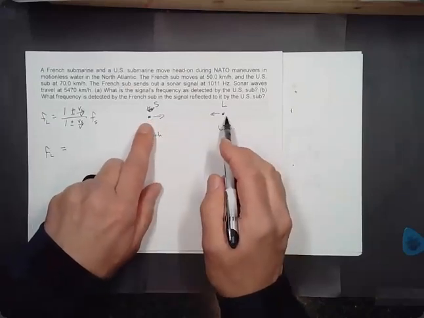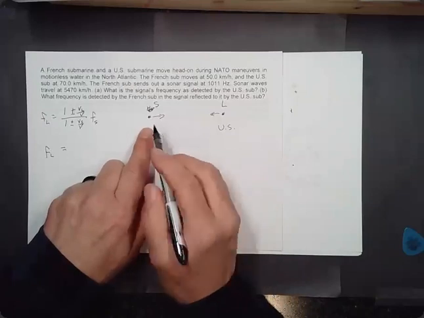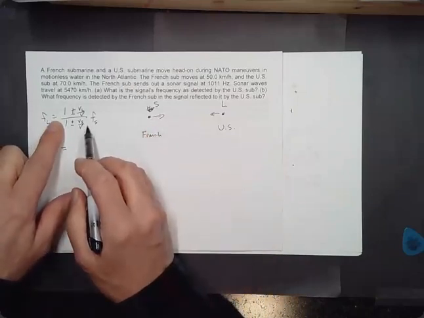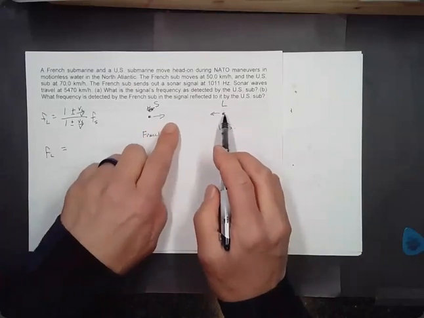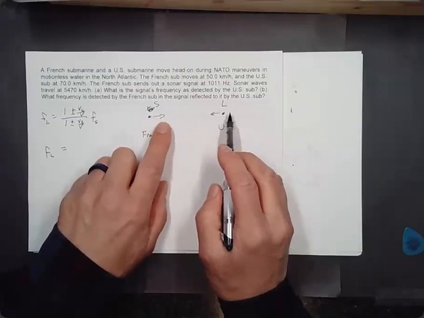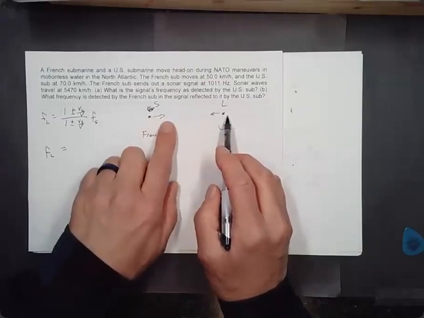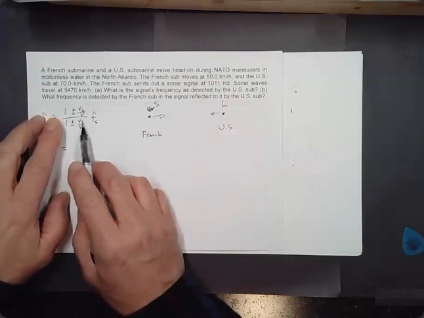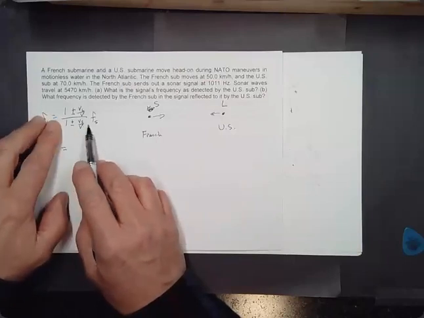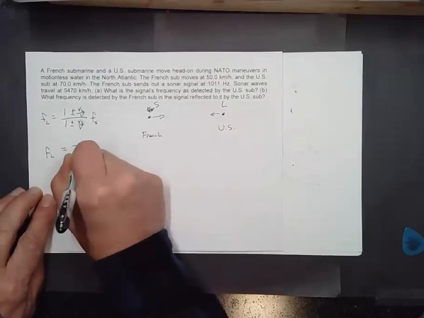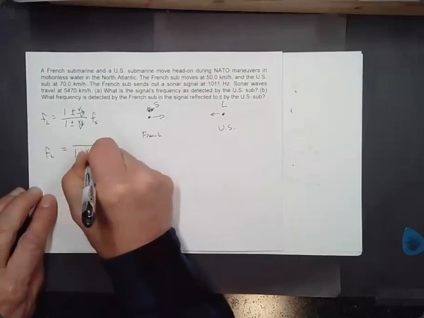That's toward the listener. So what sign would we use on here to produce a higher frequency? When the source is moving toward the listener, if the listener wasn't moving, the listener would hear a higher frequency. What do we do to the bottom to get a higher frequency? We have to use the minus sign to make this thing less than 1. So on the bottom, we'd have a minus sign.